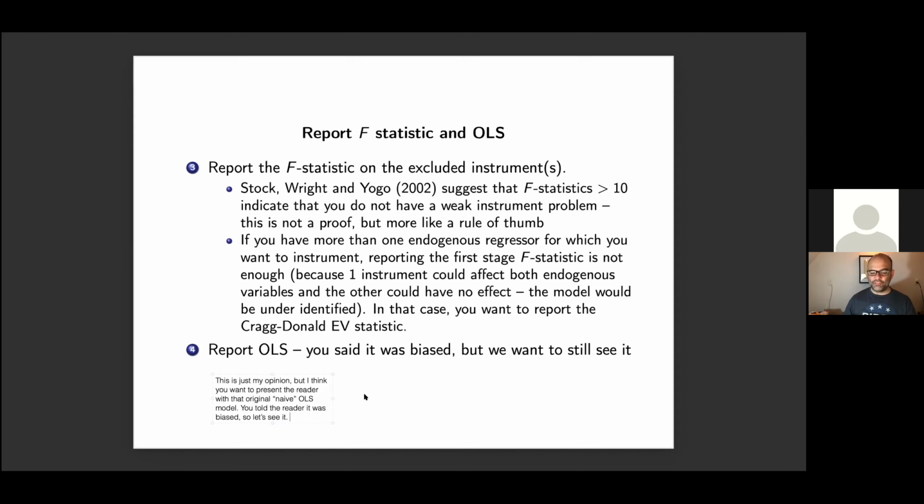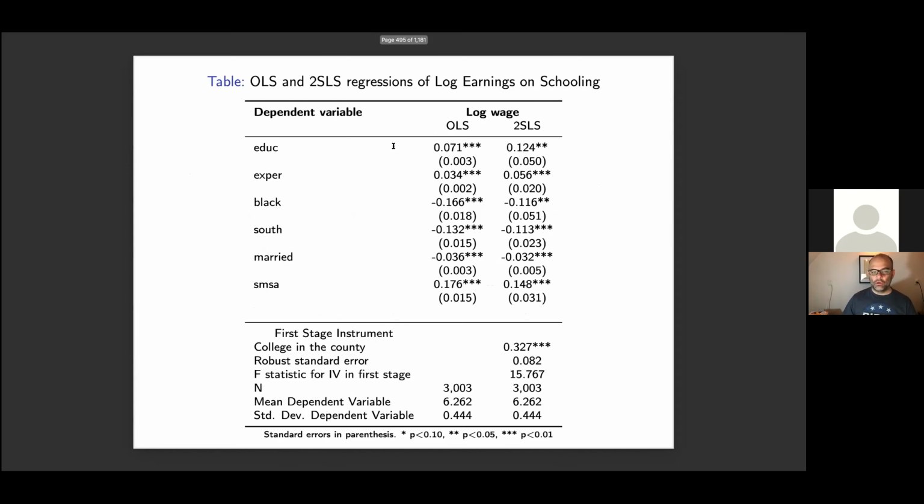So this is a lot of information. Reduced form, first stage, F statistic, OLS, right? One table. Well, you may not be able to get all of it in one table, but here's an example of at least 3 of them.